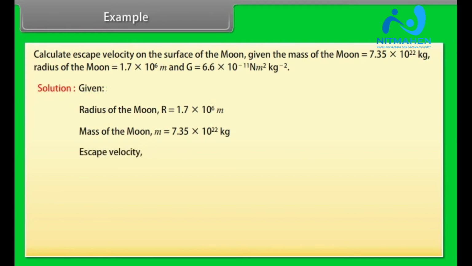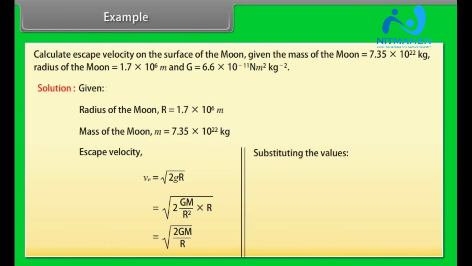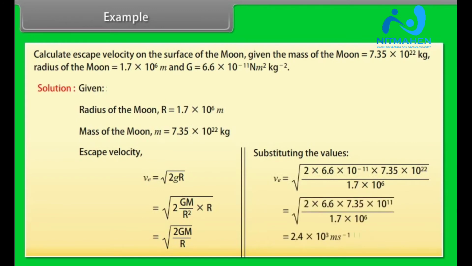Escape velocity is equal to under root 2gR. By putting the value of g, we get escape velocity = under root 2GM upon R. By substituting the values, we get escape velocity = 2.4 × 10^3 meter per second.